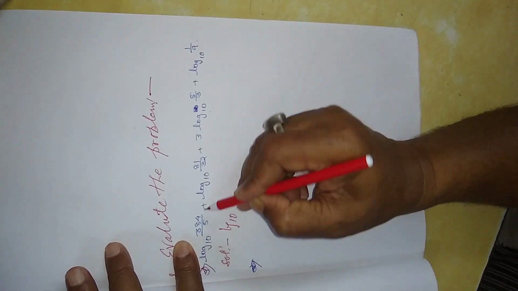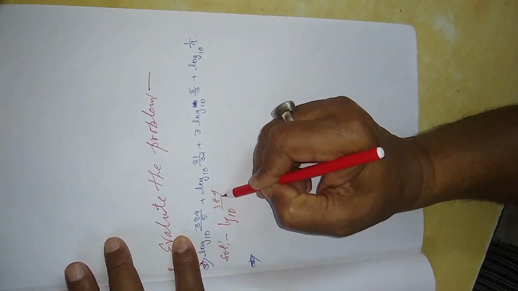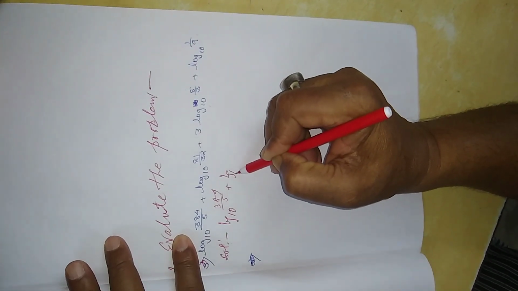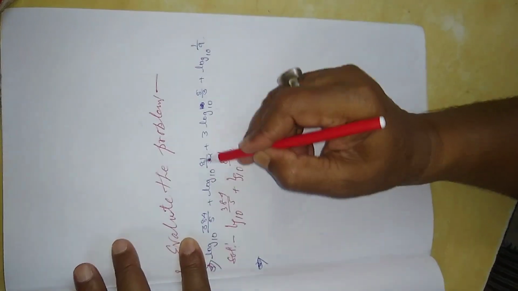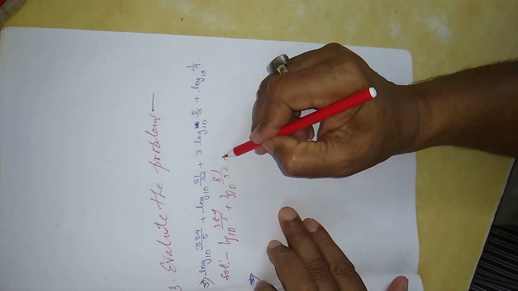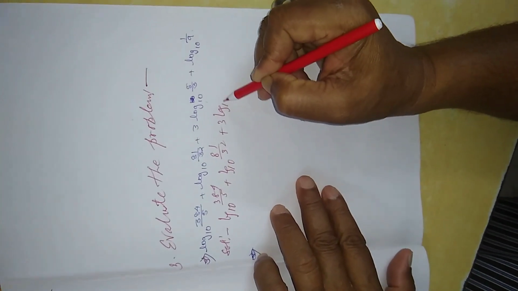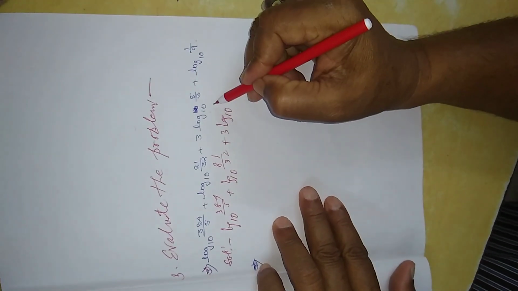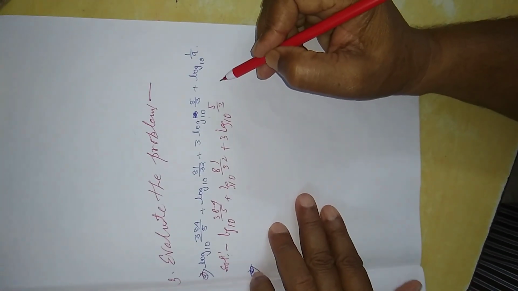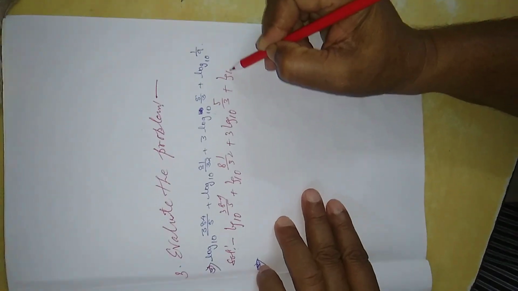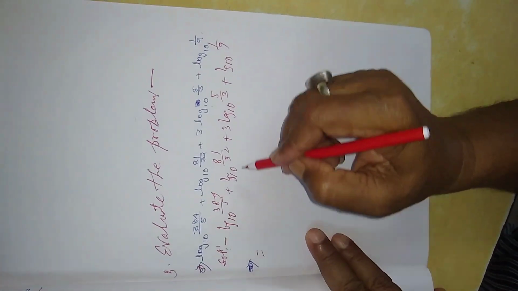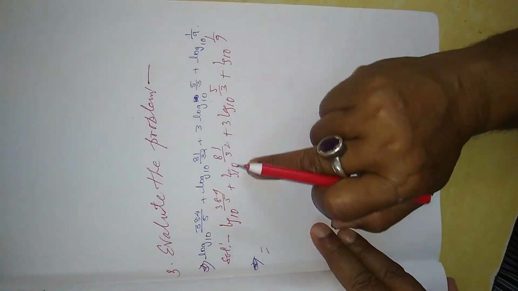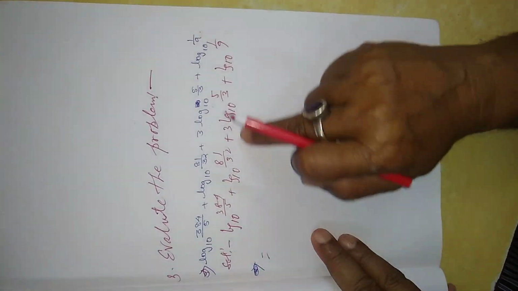Log 10 of 384 by 5 plus 81 by 32, all are fractions here, plus 3 log 10 of 5 by 3, plus log 1 by 9 to the base 10 equals, look at here, all the bases are 10.